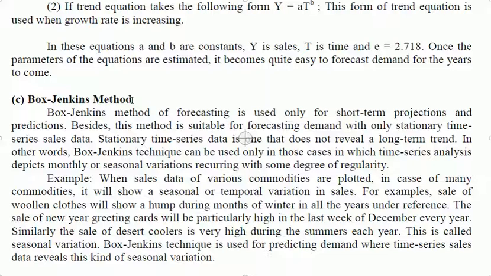The third one in this is the box checking method. Box checking is a short term projection method. As I was discussing, if your product is seasonal, if you are manufacturing raincoats and your sale is just before or during the rainy season, then you are going to box the area of the projection to only the 4 or 5 months of the rainy season, and ignore the data from the other seasons.